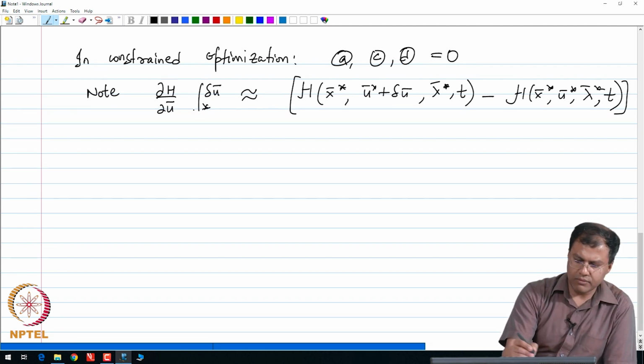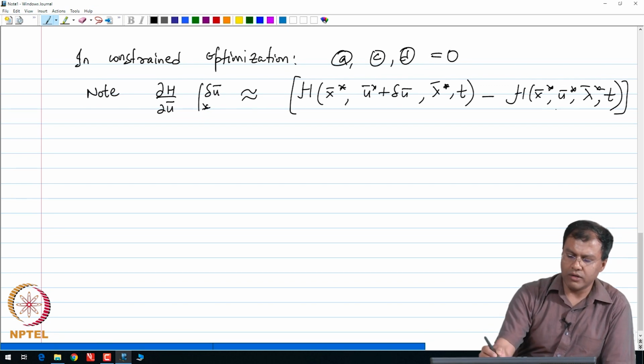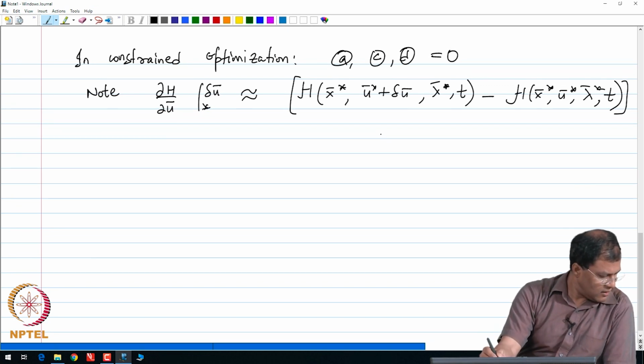So, this times delta u is approximately equal to the difference.